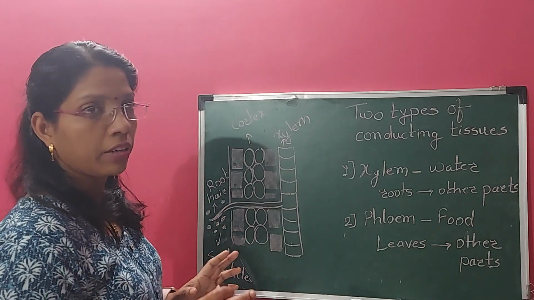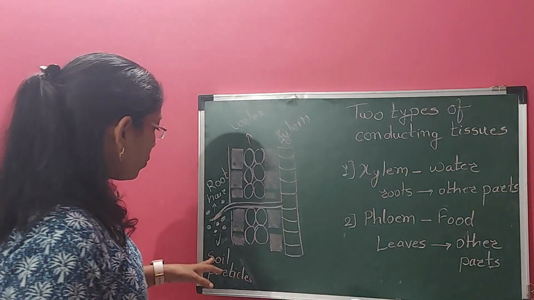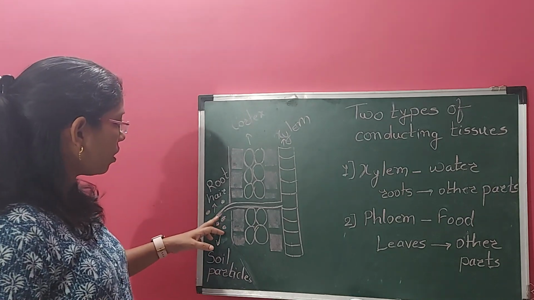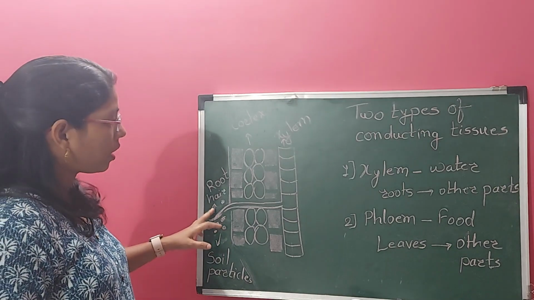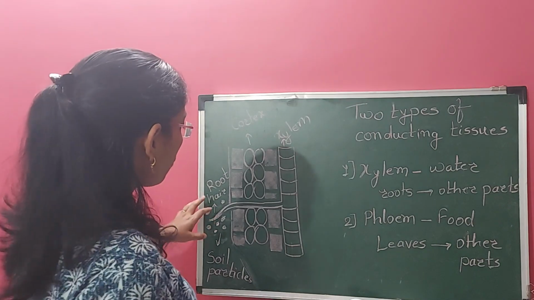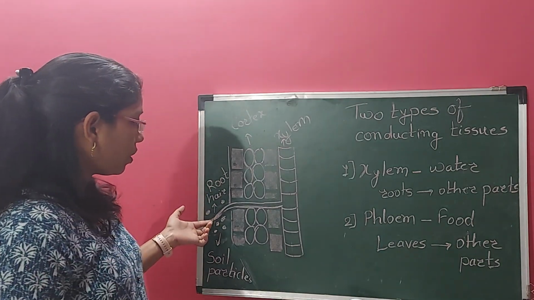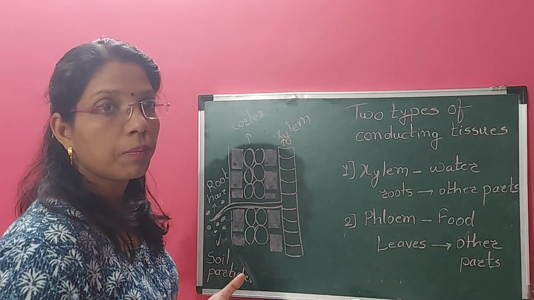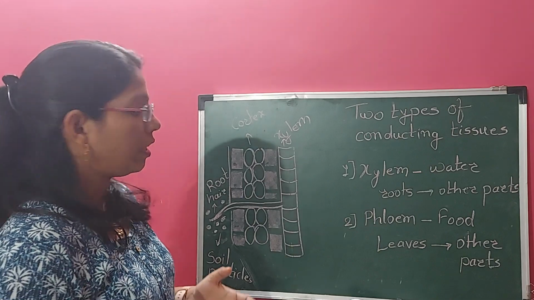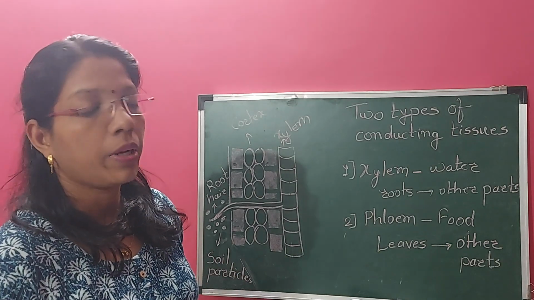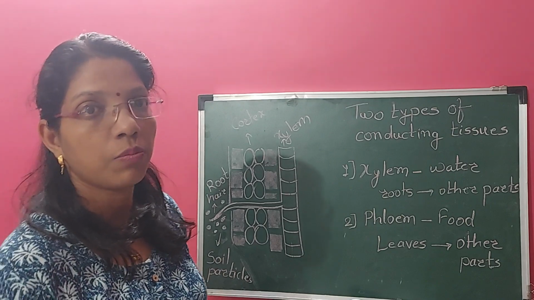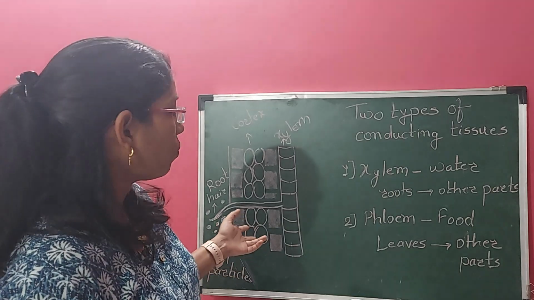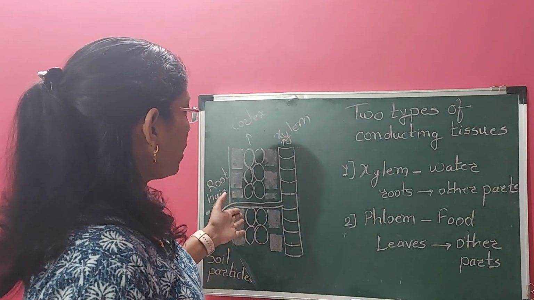The root hairs are in close contact with the soil particles, and from the soil they absorb dissolved nutrients. This is one root hair, and many such root hairs are present. It absorbs nutrients present in the soil in the form dissolved in water, and these nutrients may be nitrogen, phosphorus, potassium, magnesium and others.